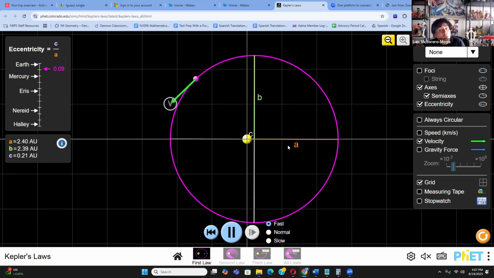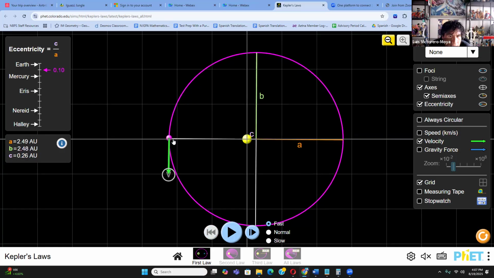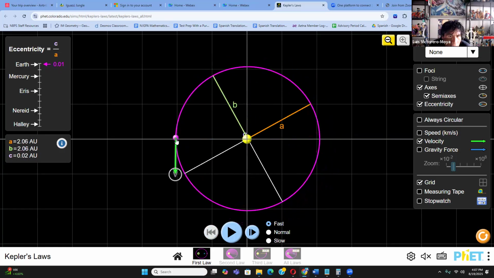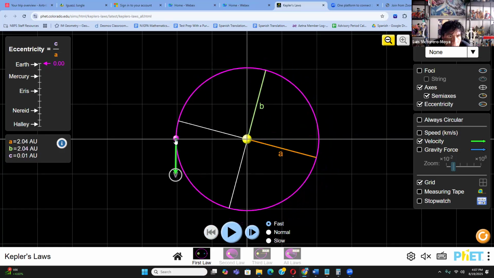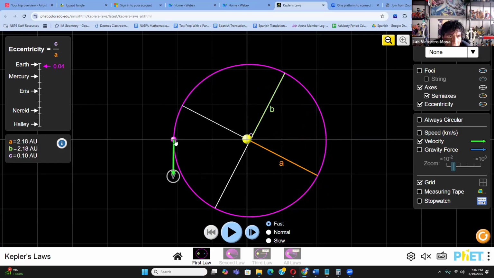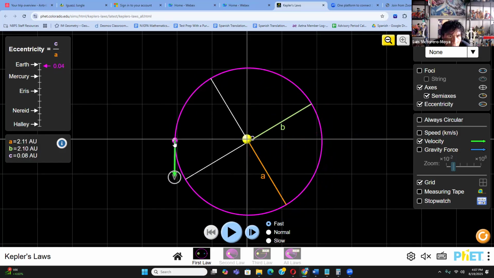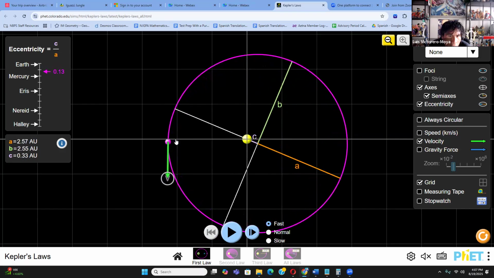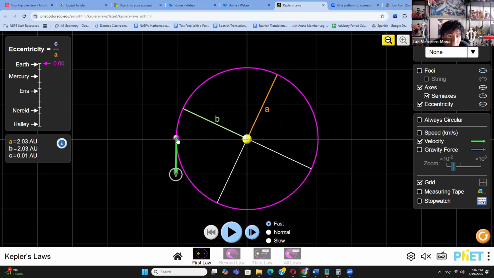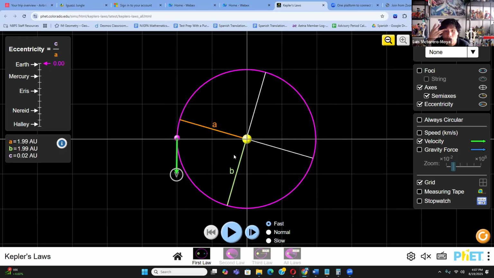Like as you make it more circular. And how do you make it more circular? As you make the sun be more at the center there. Right? So instead of having a semi-major or semi-minor axis, you have a radius. All right.